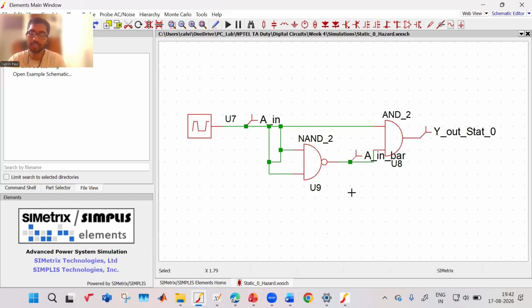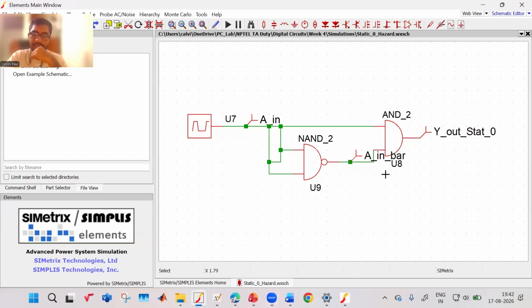What is the output of the NAND gate? It will be A bar, right? If both the inputs of a NAND gate are the same, the output will be the complement. That's why this is A bar.